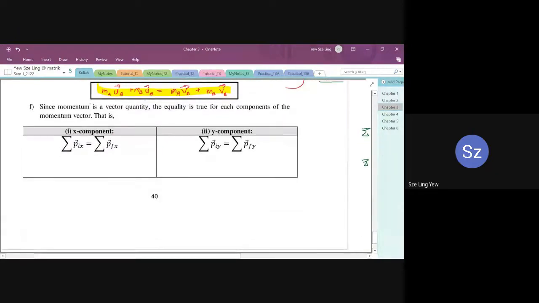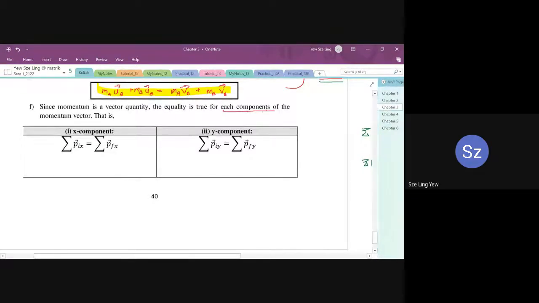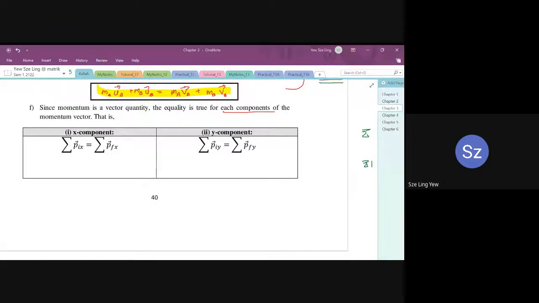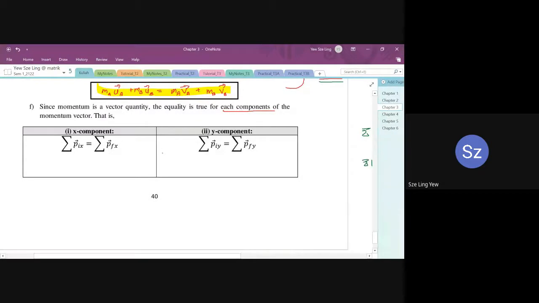Since momentum is a vector quantity, the equality is true for each component. Now you're going to look at each component. What happens if you have two objects that collide, but they are not coming from the same direction?